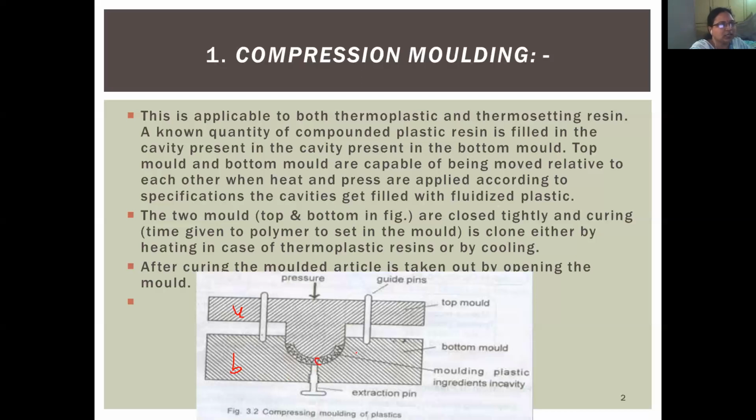In this cavity, we have to fill the plastic material. Then the top mold and bottom mold are capable of moving relative to each other when heat and pressure are applied according to specifications. The cavities get filled with fluidized plastics.